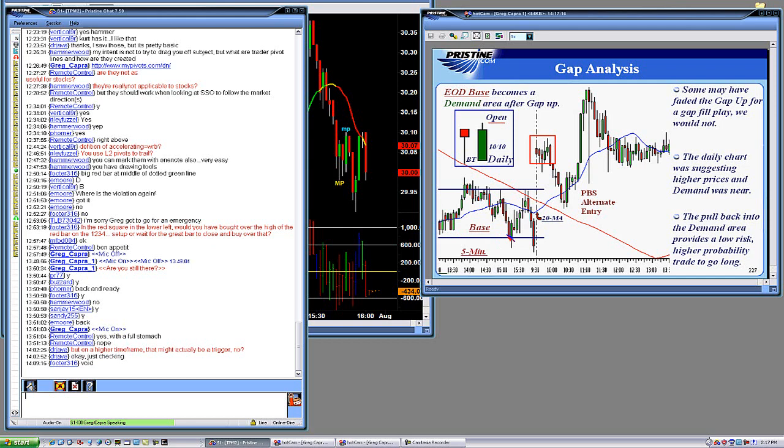This is showing what happened inside of that bar at the end of the day. We're not viewing anything that happened at the beginning of the day on the first daily candle, but we're viewing what happened at the end of the day. And then on the right side of the slide, this data is what happened after the open on the current day.